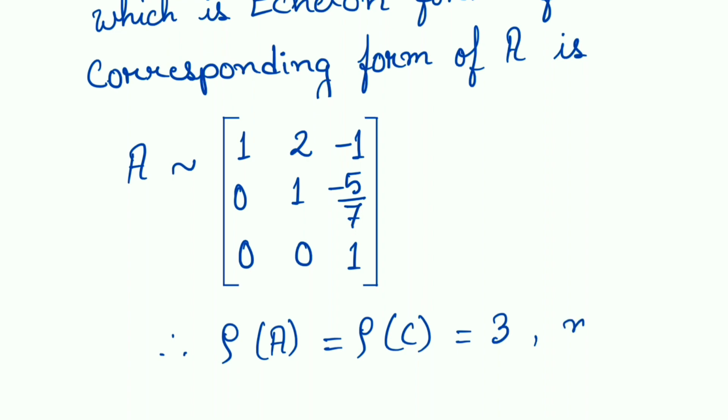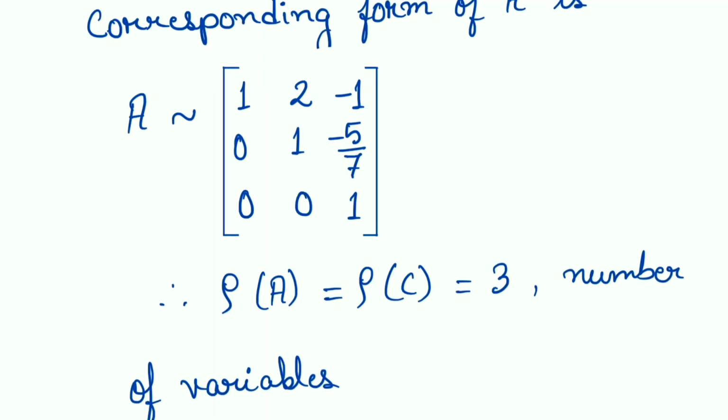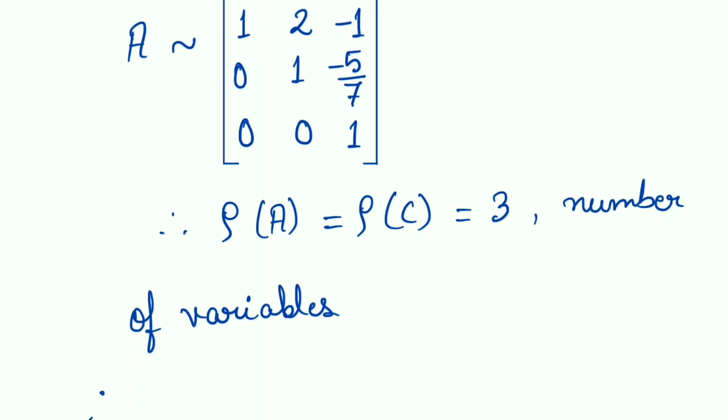The rank is 3 here. We are not required to find the rank of A individually here because the augmented matrix C itself contains the matrix A and matrix B. So from there itself we can conclude that the matrix A is of rank 3.